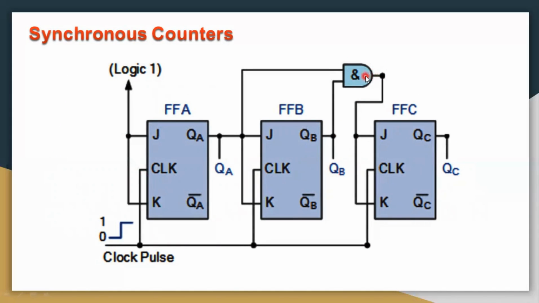To get high at the output of this AND gate, QA and QB should be high. So, whenever QA is equal to QB is equal to 1, this flip-flop, that is FFC, gets activated and the output will toggle. All these flip-flops will toggle their state when they get activated.